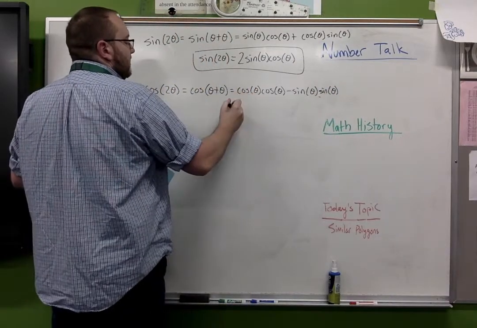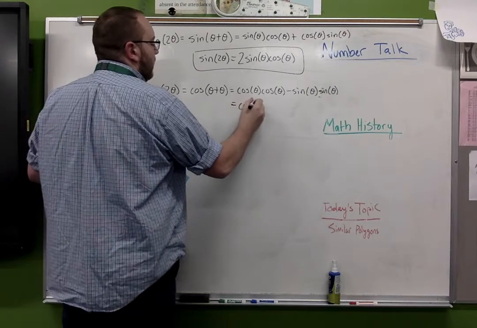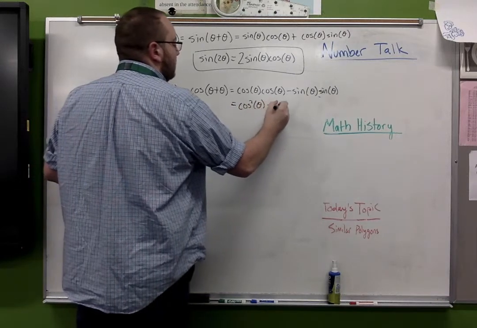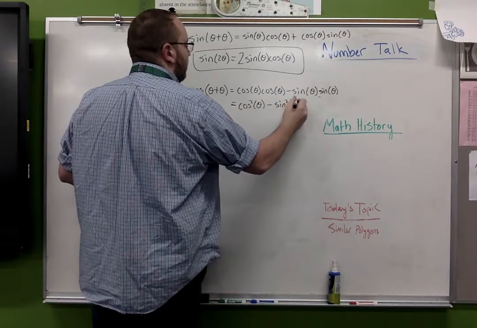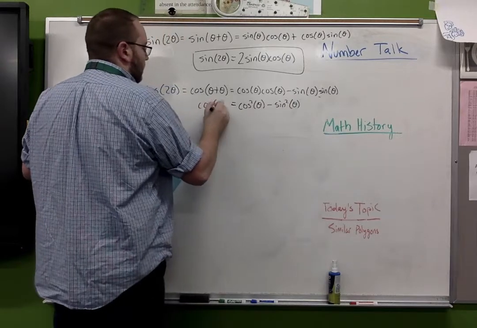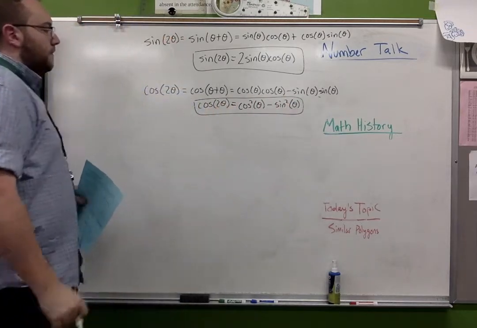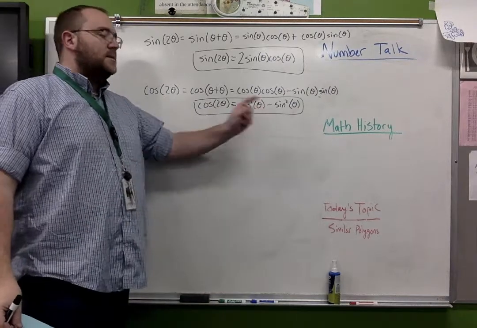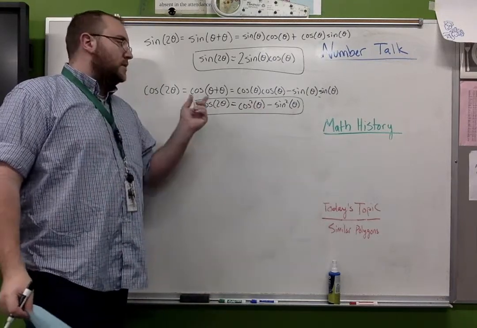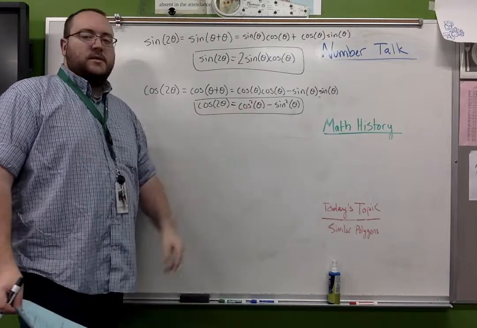Okay, a number times itself is squared, so we got cosine squared theta minus sine squared theta. And that's the first form of the cosine double angle identity. Now be careful, this one's minus. The Pythagorean identity is cosine plus. This one's minus, so don't get those mixed up.